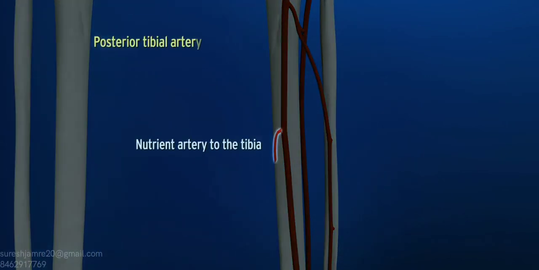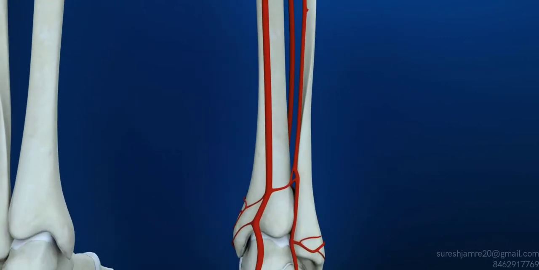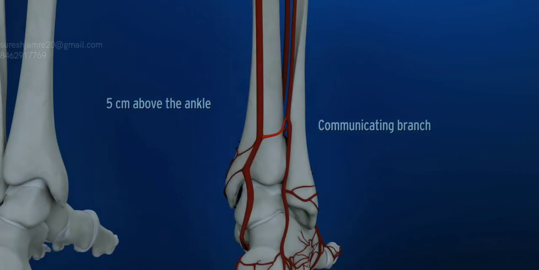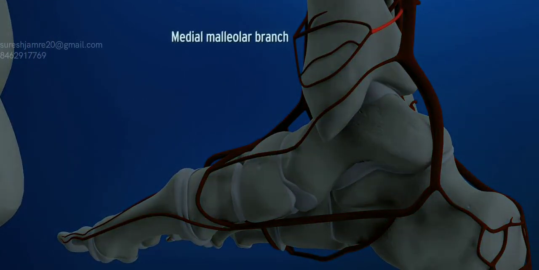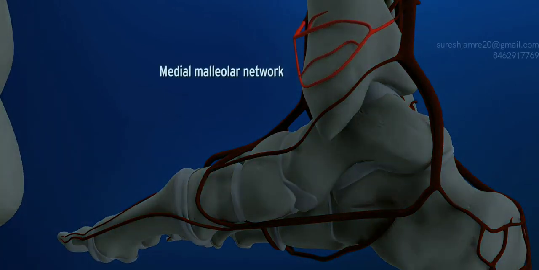Nutrient artery to the tibia. Muscular branches to the muscles of posterior compartment of leg. Communicating branch which joins with the branch of peroneal artery 5 cm above the ankle. Medial malleolar branch. It passes towards the medial malleolus and joins with the medial malleolar network.